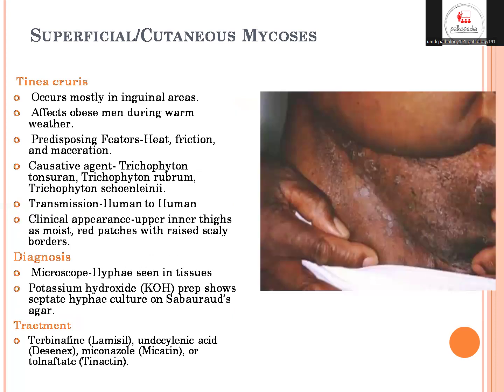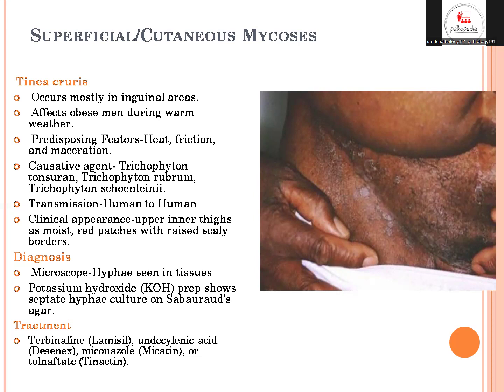The other form of superficial mycosis is tinea cruris, and it mostly occurs in inguinal areas, as shown in the picture. It affects obese men during warm weather. Predisposing factors are heat, friction, and perspiration. The most common causative agents are Trichophyton tonsurans, Trichophyton rubrum, and Trichophyton mentagrophytes.